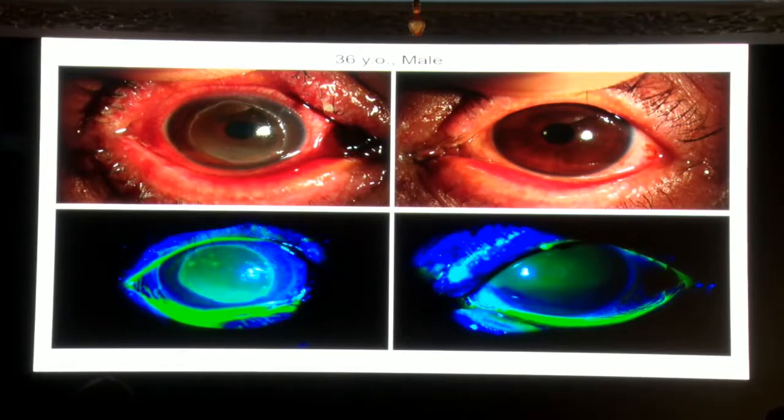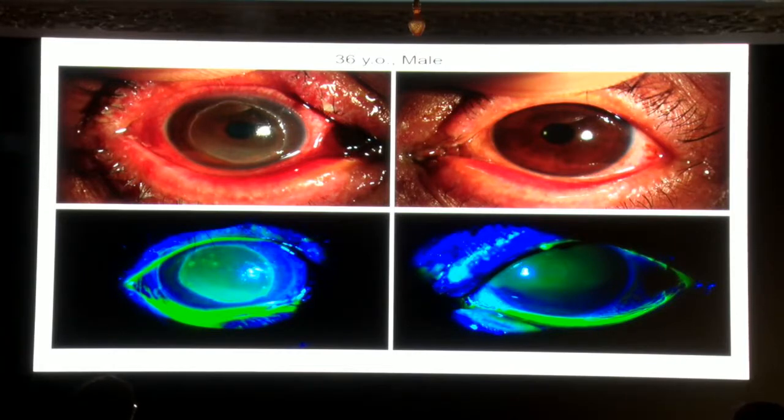This is the ocular surface of a 33-year-old male. This is not SJS. Gita, what do you think? Gita, what is this?